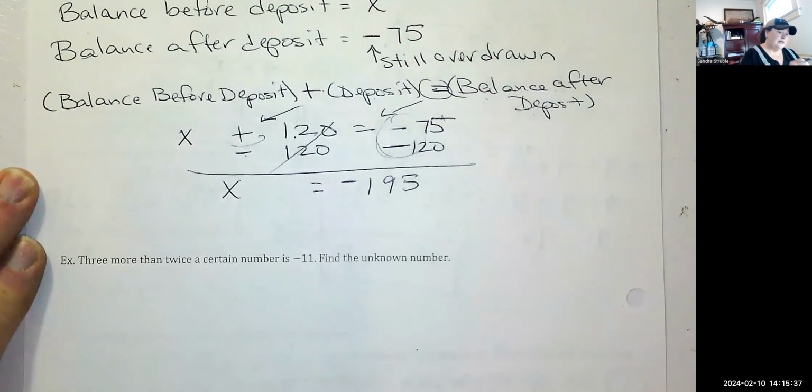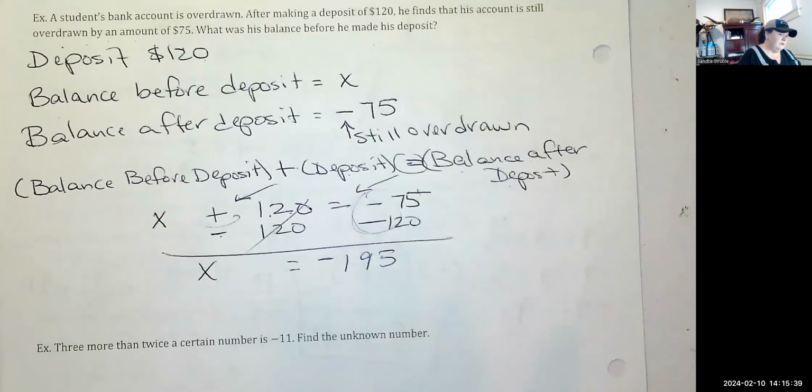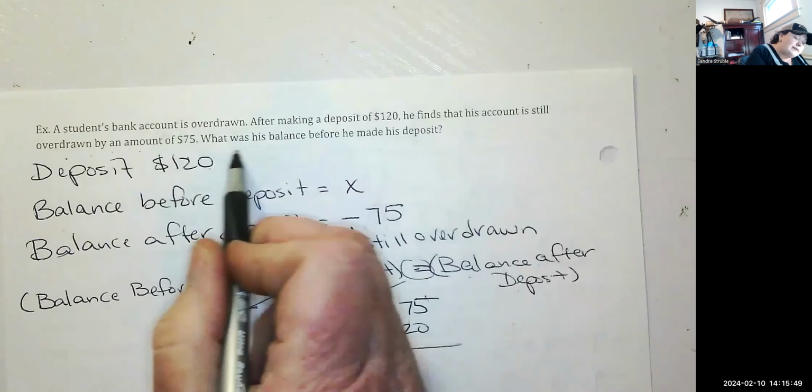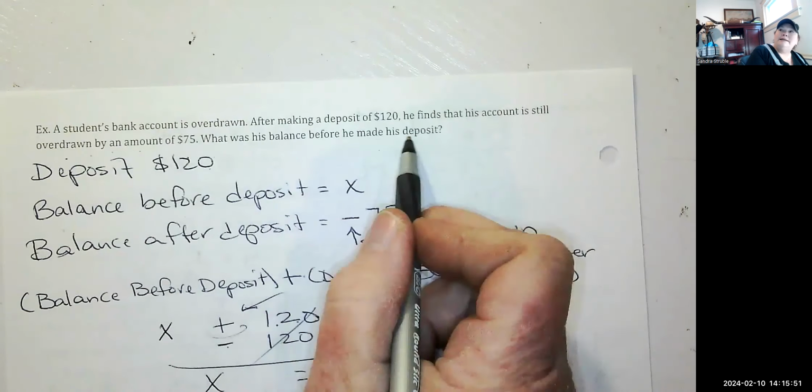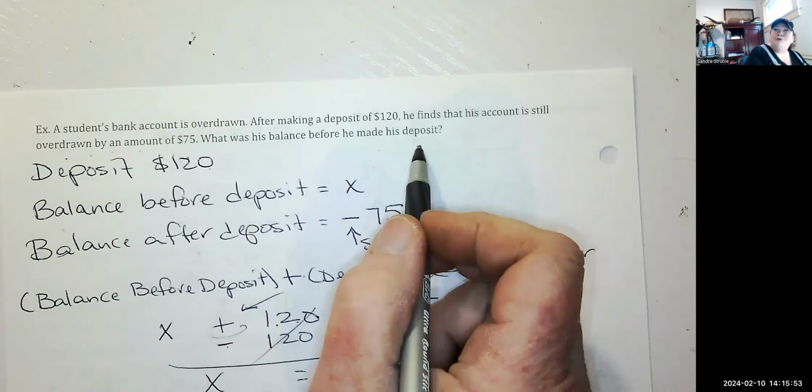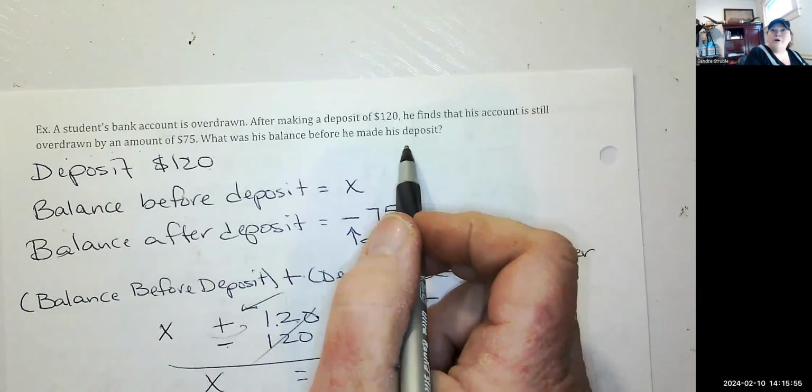So we did all that. We solved it. What was the other thing we were supposed to do? Answer the question. We solved the equation. Now we're going to answer the question. So the question is, what was his balance before he made his deposit? I'm going to use their words because I don't want to have to think too hard.